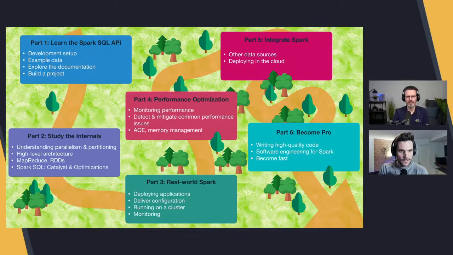How do we deliver configuration in such real-world scenarios? And how do we monitor running applications on a cluster? These 3 steps, parts 1, 2, and 3, form the foundation for part 4, which is performance optimization. That's what people are usually most interested in.